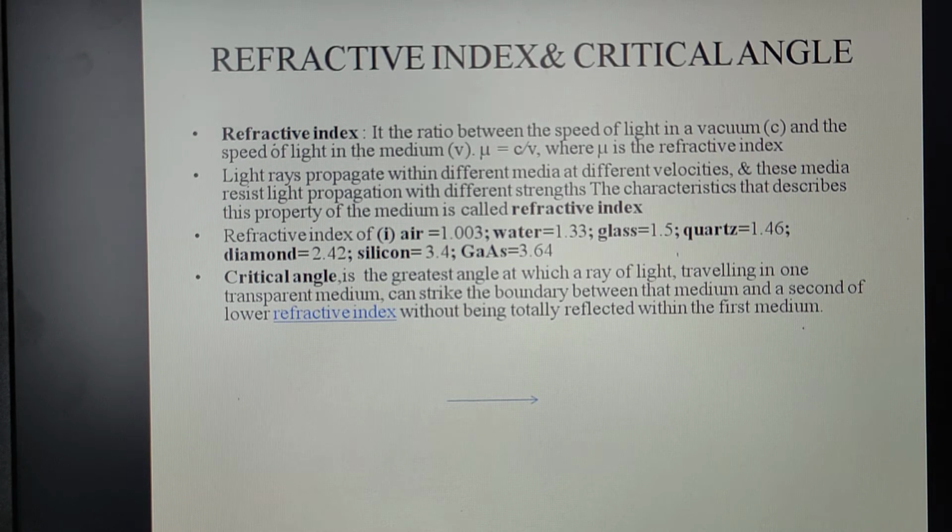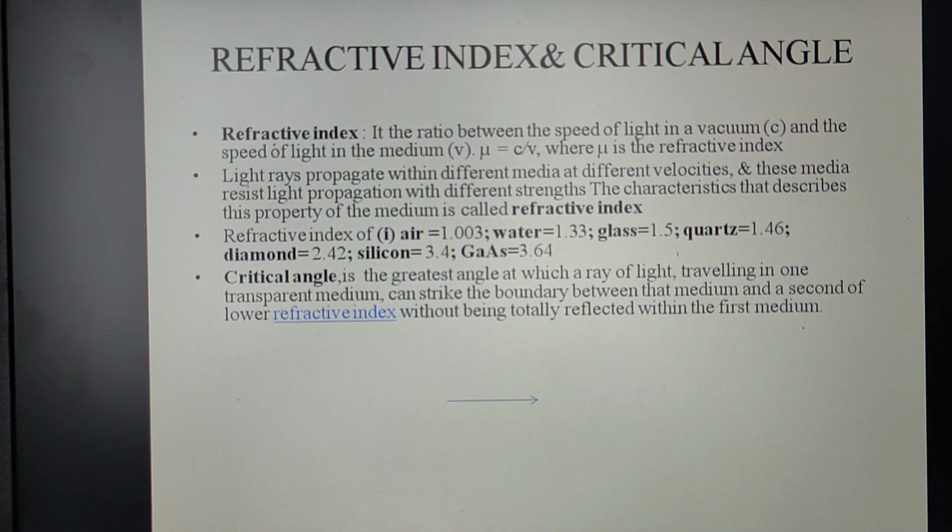It tends to bend away from the normal. So it keeps on bending away from the normal until the refracted ray will just graze the interface between medium 1 and medium 2.